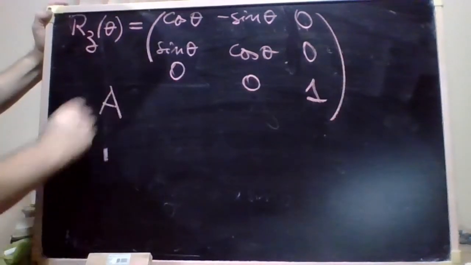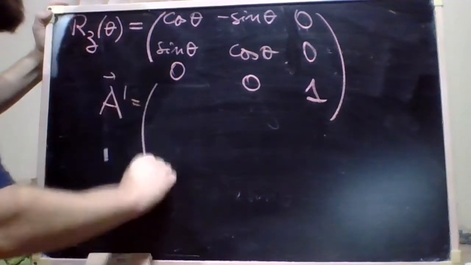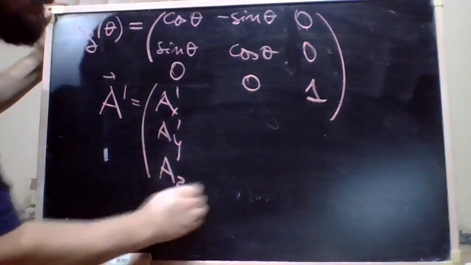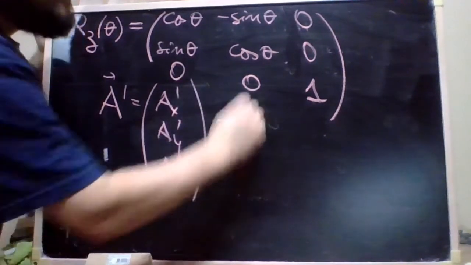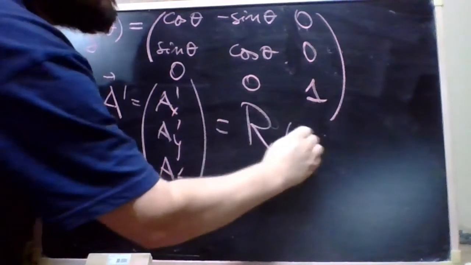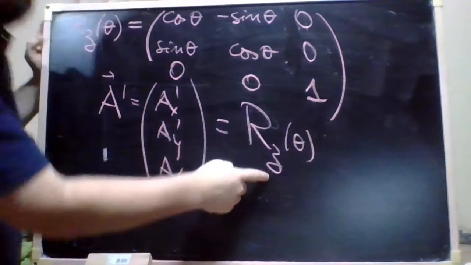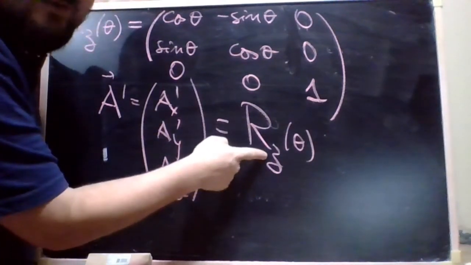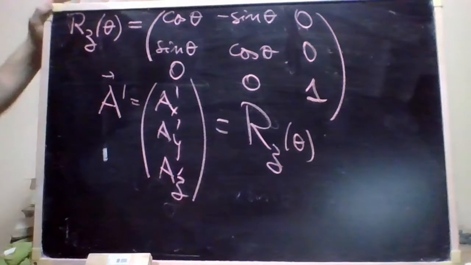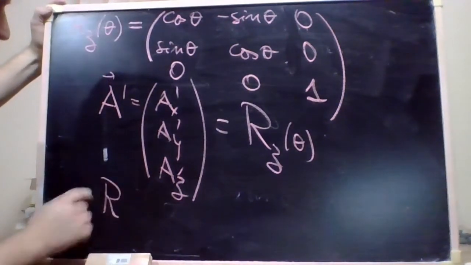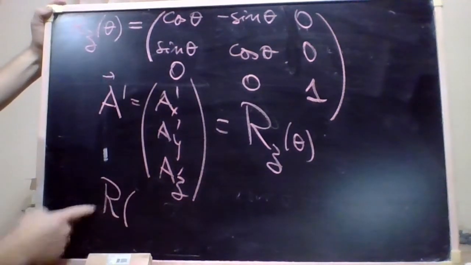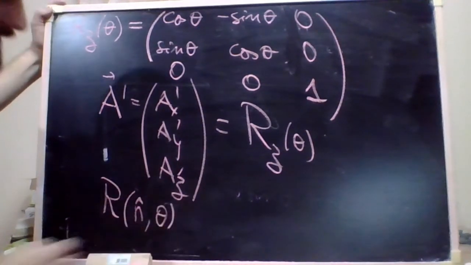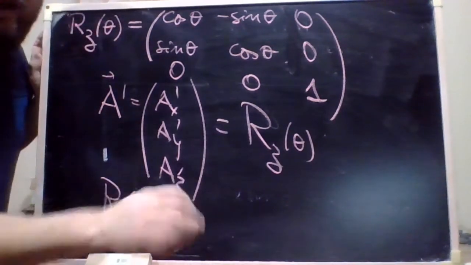So the vector A primed, which you can write this way, is equal to the matrix rotating around the z-axis. So I am saying that this z here corresponds to the axis of rotation. Another possible notation would be rotation, R for rotation, by the n axis and angle theta. So you can choose any axis here.